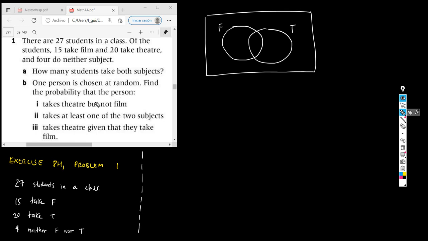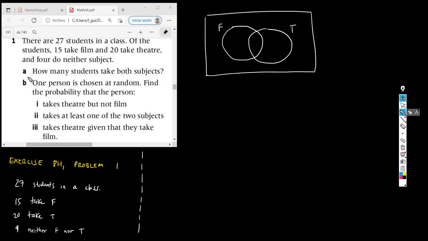What is the information that I'm given? I'm given this. You have 27 students in a class. Okay, fine. And then 15 of them take film, 20 take theater, 4 take neither film nor theater, and that's it. That's all the information that I was given.